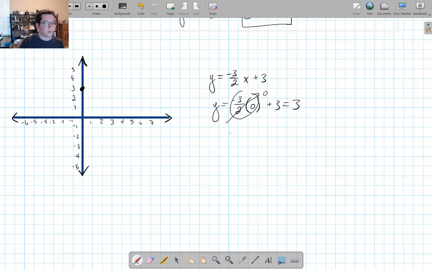So then we have y equal to 3 when x is equal to 0, which gives us the point 0, 3, because that's x and y.